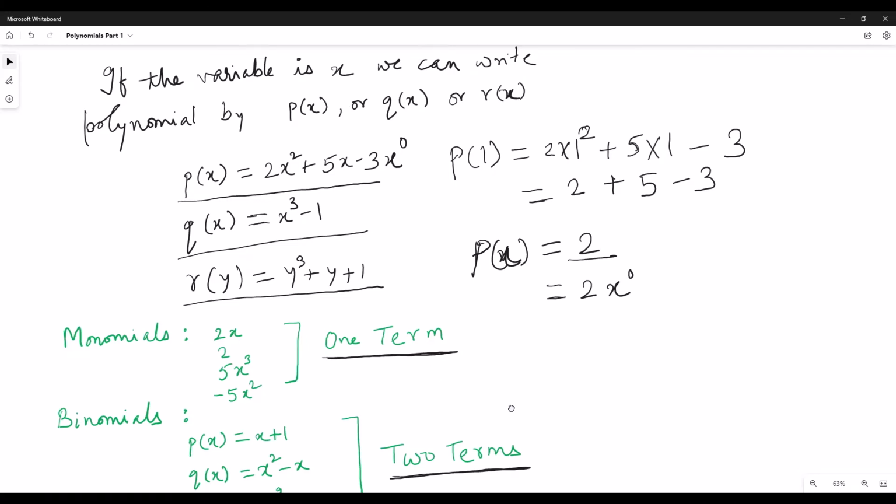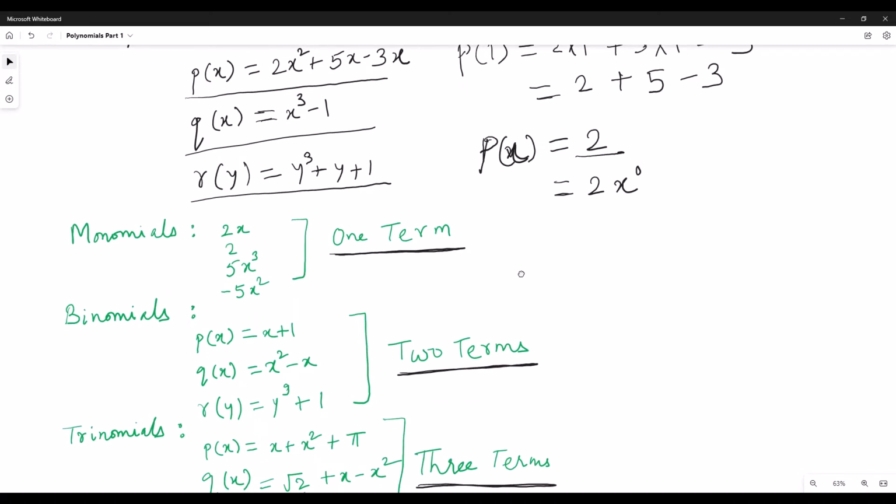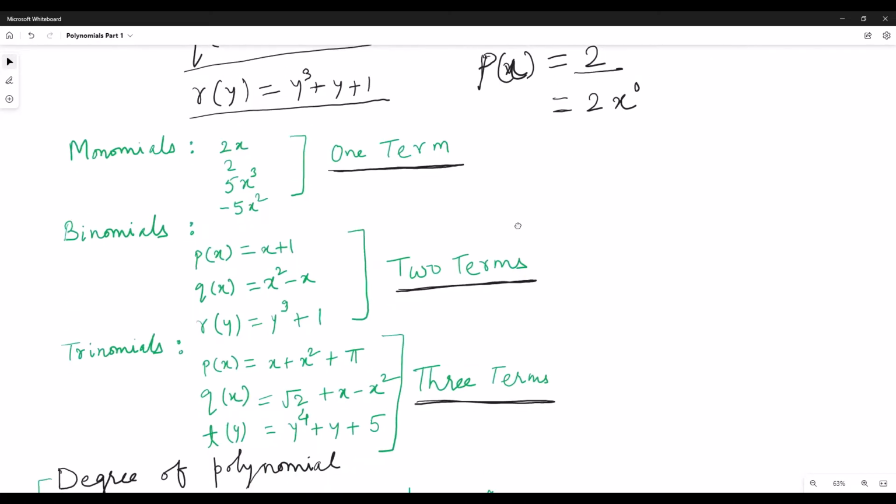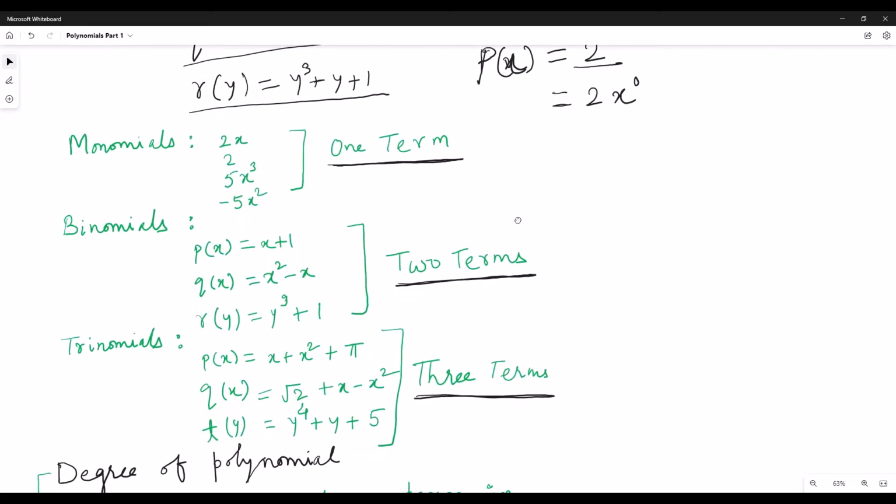Based on terms, we call a polynomial monomial, binomial, trinomial, and you can go on like 4 terms, 5 terms, 6 terms. For only up to 3 terms we have a specific name. We call it monomial if there is only one term, binomial when there are 2 terms, and trinomial when there are 3 terms. This is based on the number of terms.